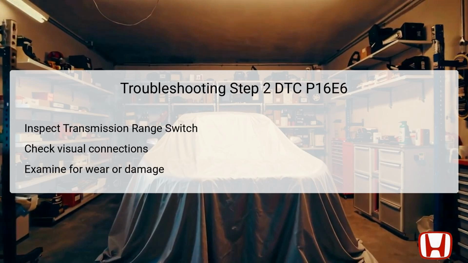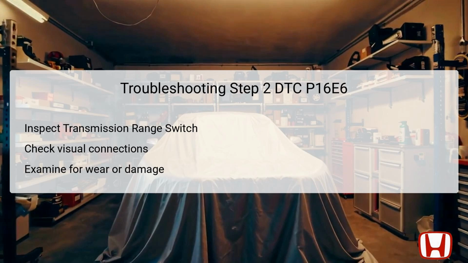The second step requires a hands-on inspection of the transmission range switch. This includes visually assessing the switch for any loose connections or damaged wiring that could be affecting its performance, as corrosion or wear can commonly impair component effectiveness. Ensuring that connections are secure and free from debris is crucial.